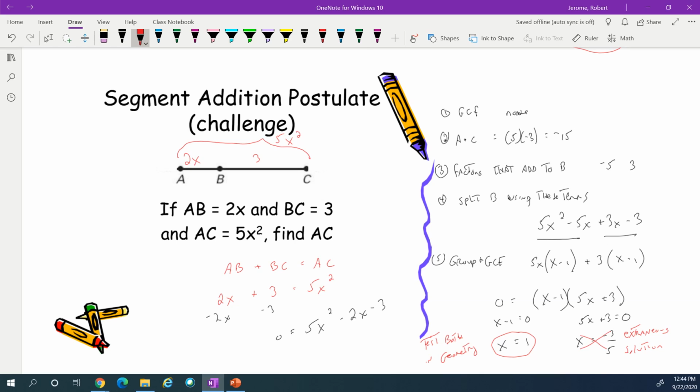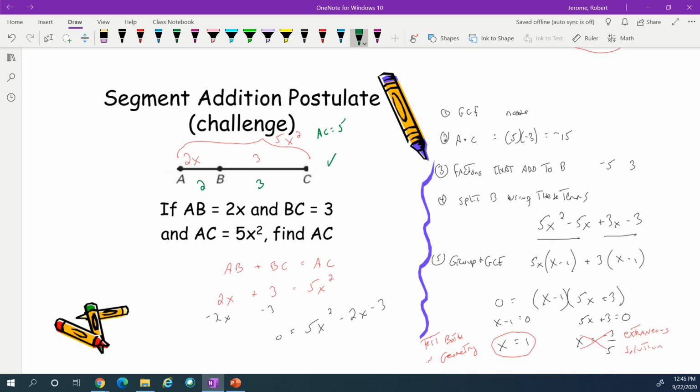And again, I'm going to just plug it back in. AB is 2, BC is 3, and AC is 5. 2 plus 3 really does equal 5, so that's my check. Again, a lot going on in that question, but notice the geometry did not step up.